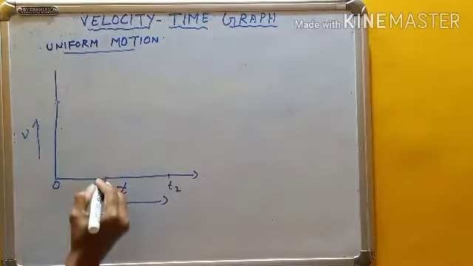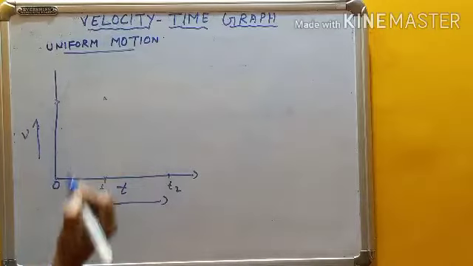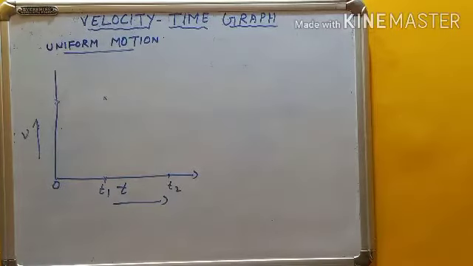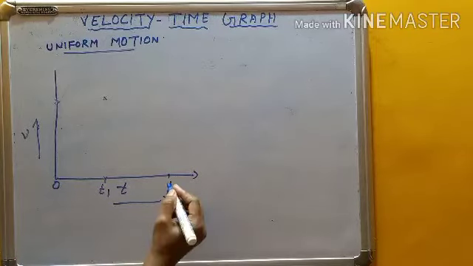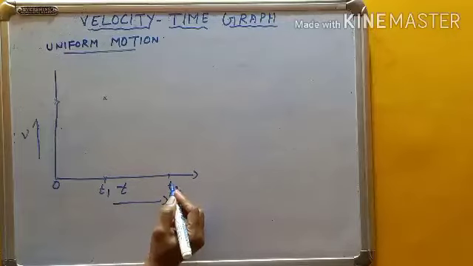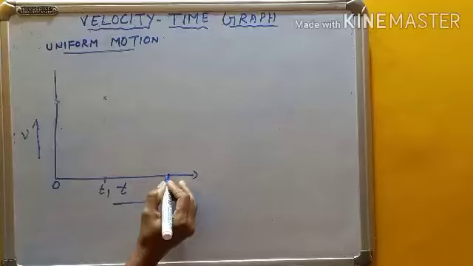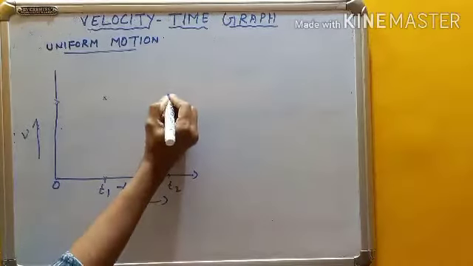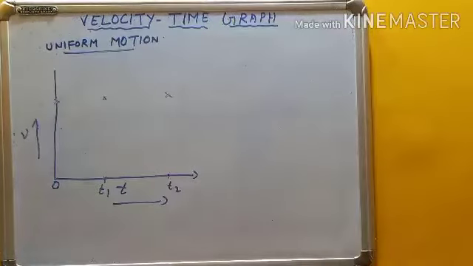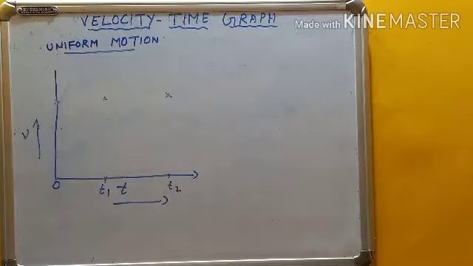Initially it is 5 meter per second, and after that also it will be 5 meter per second because it remains constant. Again after a time T2, the velocity of the body remains 5 meter per second. I only took 5 meter per second as an example.